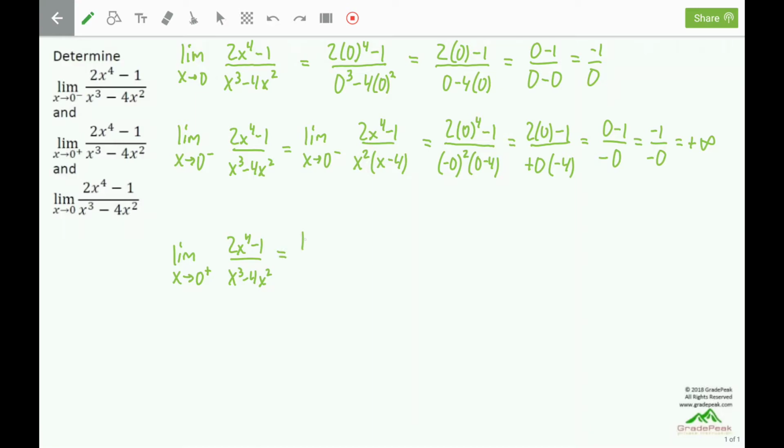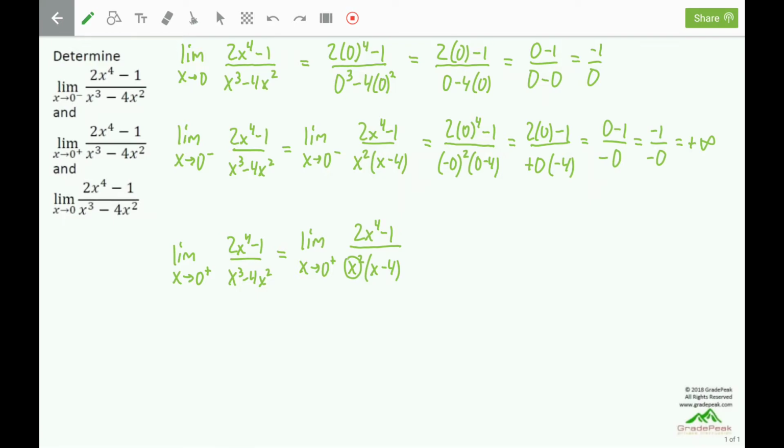The right-sided limit will work out in a similar fashion. It will factor the same, leaving the numerator alone, factor out the common factor of x squared in the denominator, leaves an x minus 4. Now we analyze the factor or factors that are making 0 in the denominator. This is the right-sided limit.